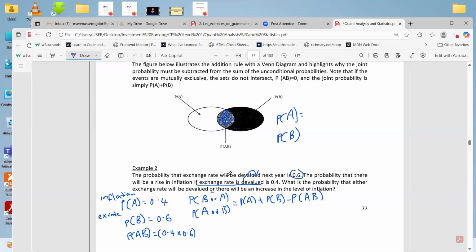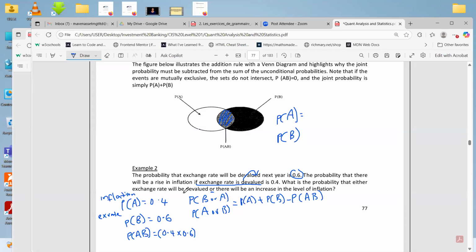That the probability that there will be a rise in inflation is dependent on something. What is it dependent on? If exchange rate is devalued. Are you getting it now? Yes. Good. So because of this, if exchange rate is devalued, that gives us a clue that this exchange rate devaluation will be our B. Then this will be the A. I hope that settles your question.